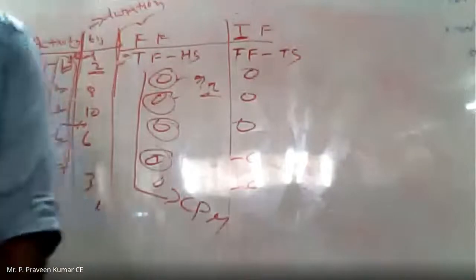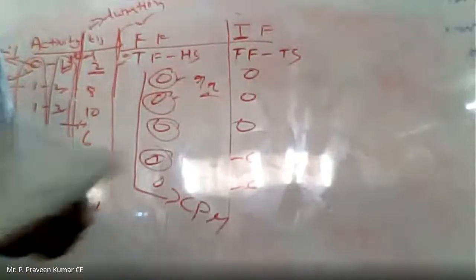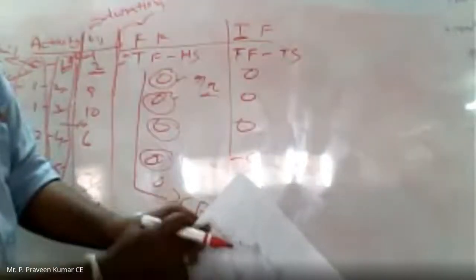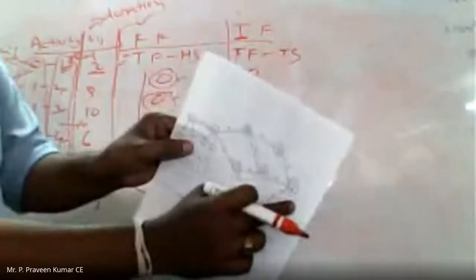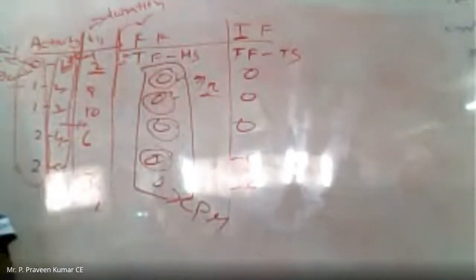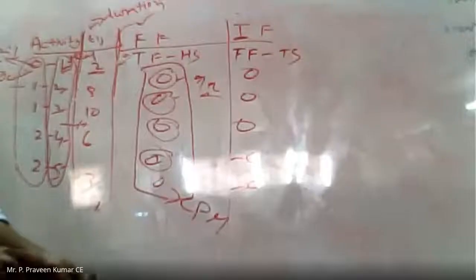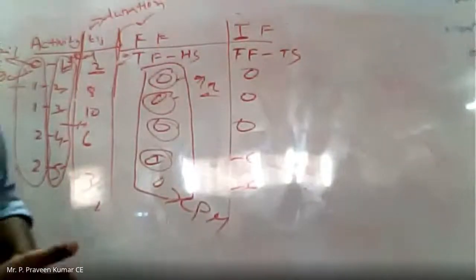Whatever the zeros, you can observe in the network diagram, we have drawn the critical path right here. From 0 to 2, all we got are 0 values. Those values are nothing but the critical path. For each activity, we are calculating the duration.